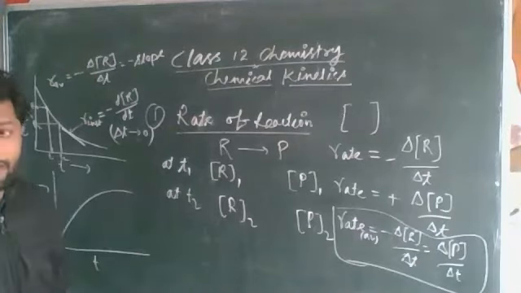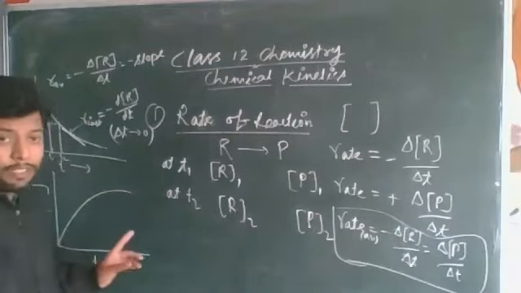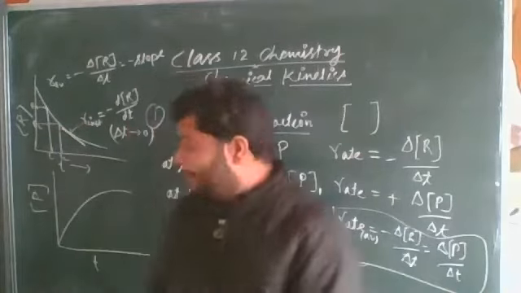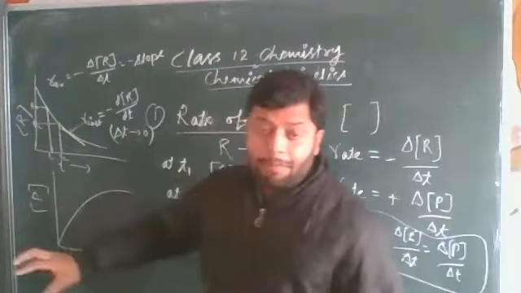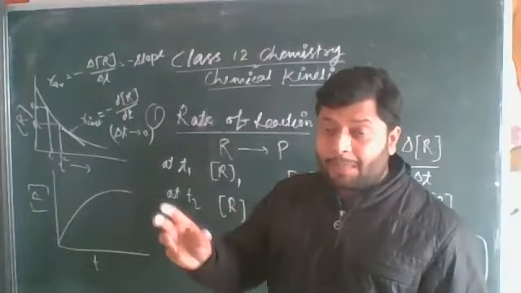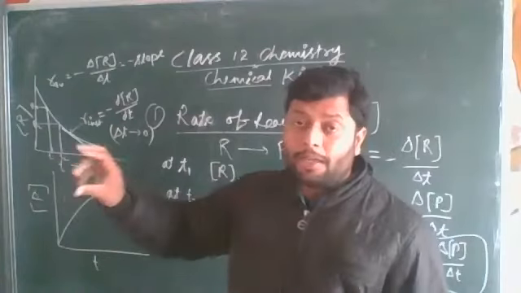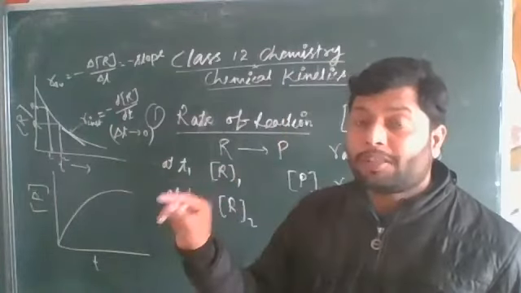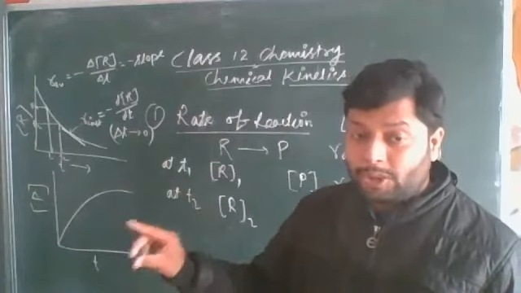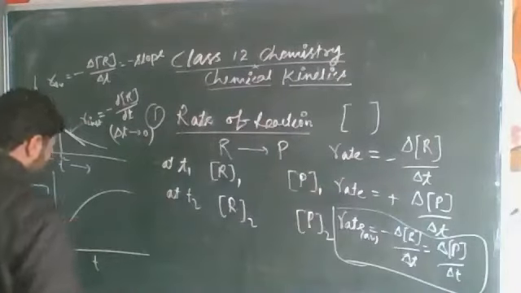You can see that this graph indicates that at the very early stage the production of product is very large, but with the passage of time, the production decreases. That gives a non-uniform production of the product, and that's why there is a curve.